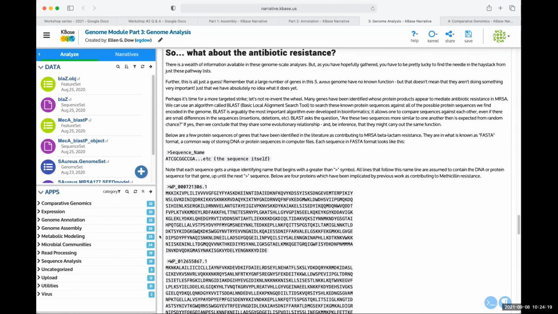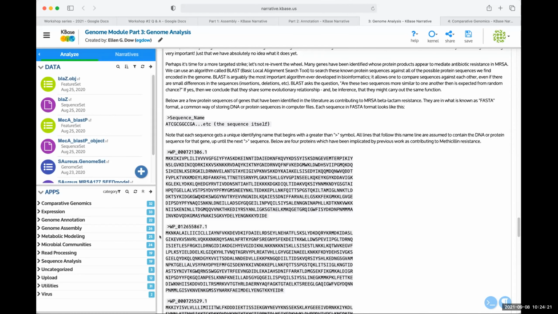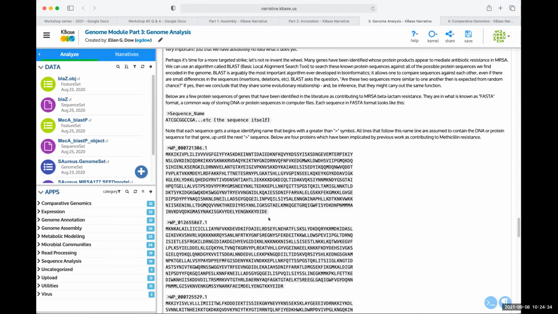The last part here is to, rather than looking at annotations, and I talk about the limitations of annotations, but I also have them blast some different known beta-lactam resistance genes against their genome.